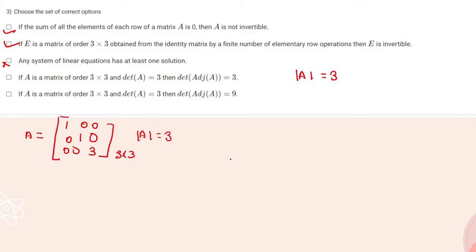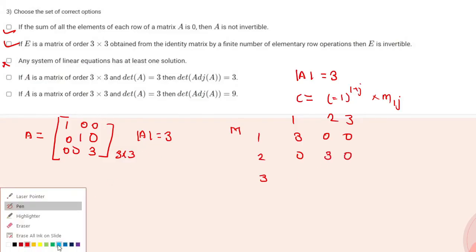So we have to find the adjugate. We will first find its minors, then cofactors. The cofactor is given by minus 1 to the power i plus j times the minor M_ij. The minors will be 1, 2, 3, so similarly 1, 2, 3. It will be 3 because all the elements are diagonal.